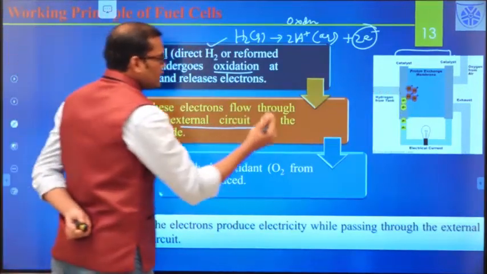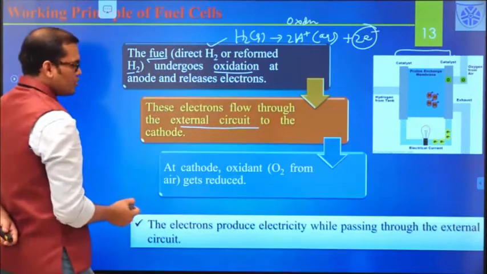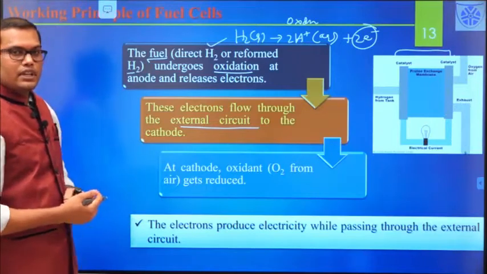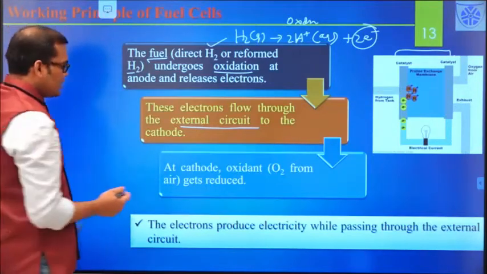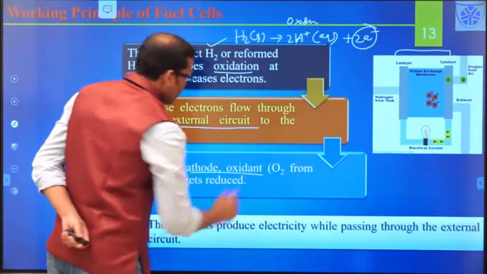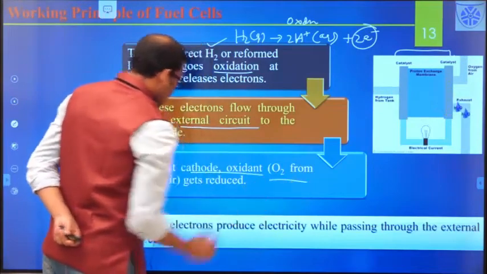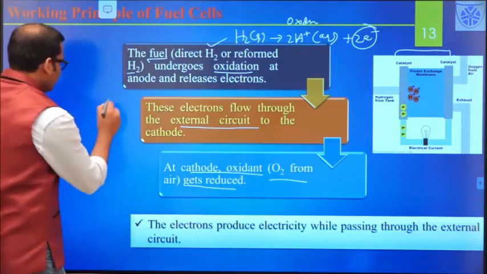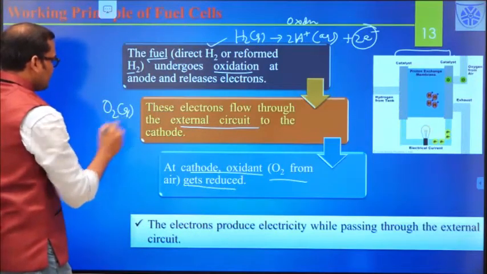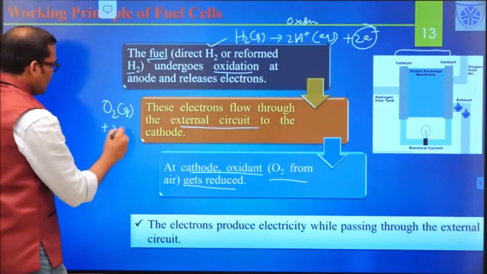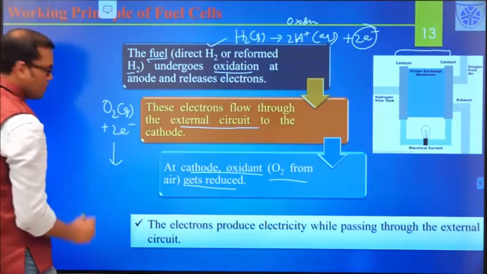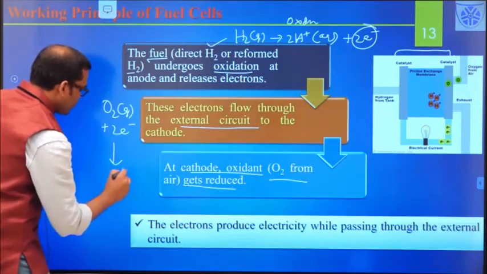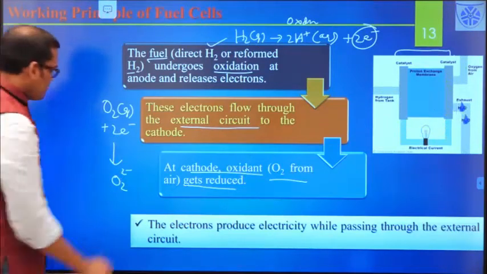Then those electrons will be collected by the cathode, and those electrons will help oxygen to be reduced, right? The electrons will be collected by the oxidant, which is oxygen, and then it will get reduced. So you will basically have oxygen gas, then it will take 2 electrons and become O2 minus, right?